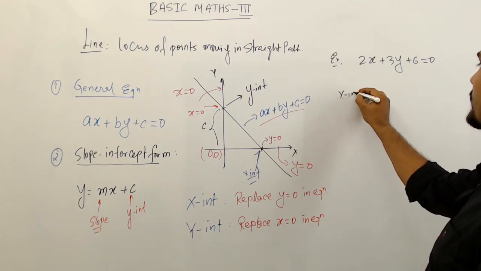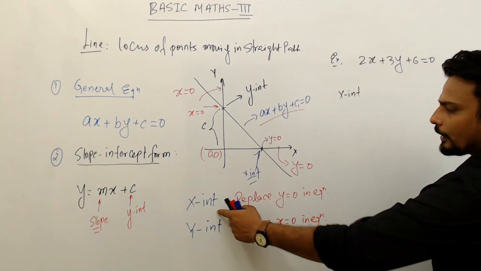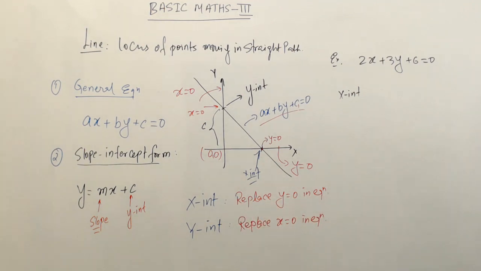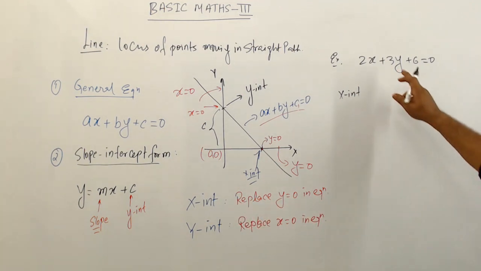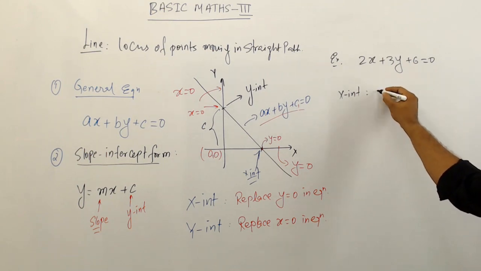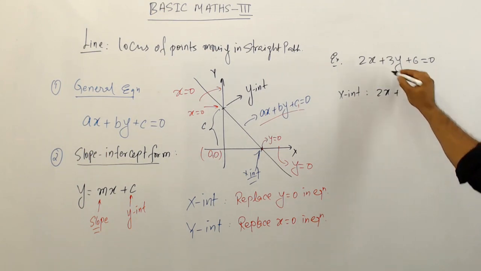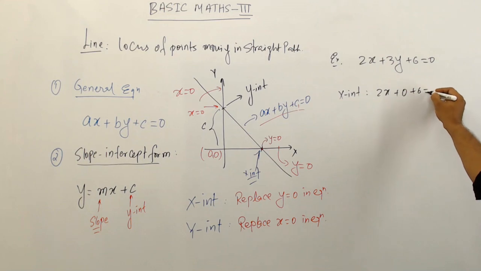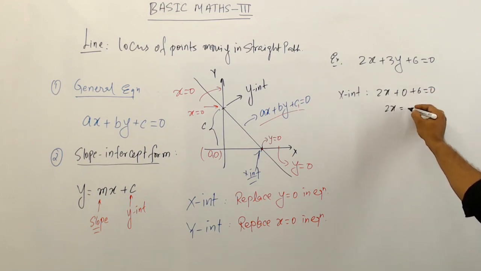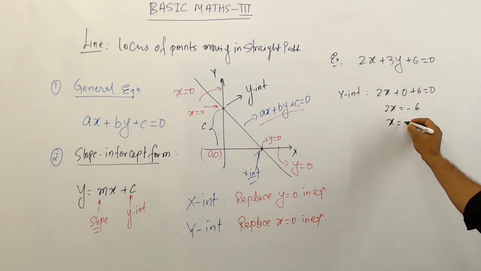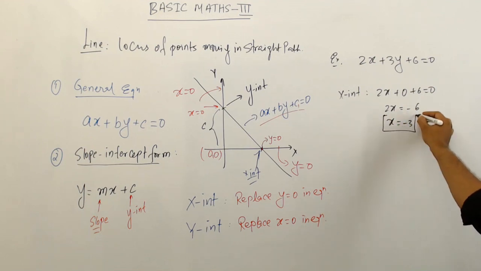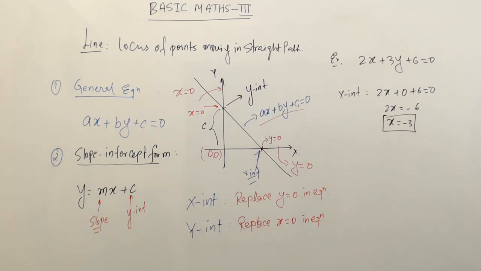To find the x-intercept, as we know, we replace y equals 0. That means 2x plus 3 times 0 plus 6 equals 0. That means 2x is equal to negative 6, and x has to be negative 3. So this is going to be your x-intercept.